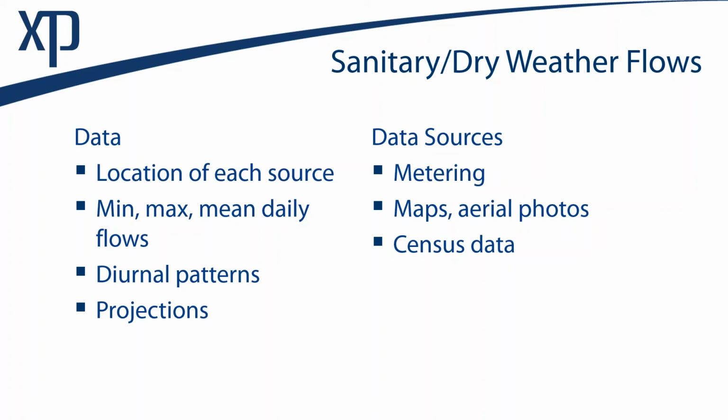We're going to want the minimum, maximum, and mean daily flows for the system, and we can project additional flows based on projected growth or what have you. But sources for that are typically metering. That's about it. Everything else is an estimate. Meter data is important to understand the exact amount of dry weather flow that we have.